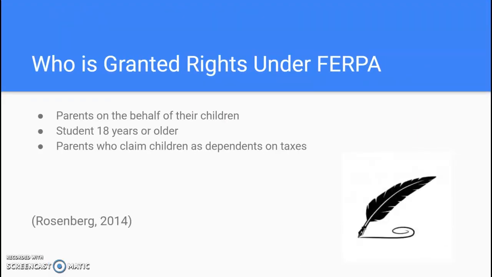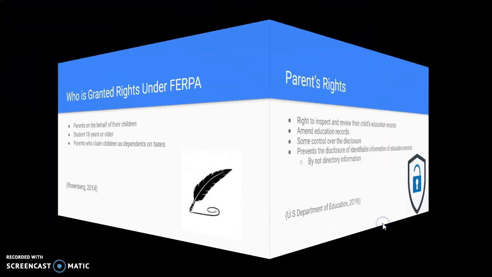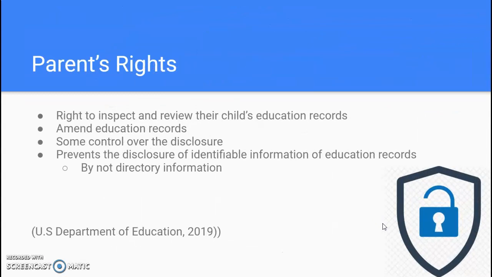So, to reiterate, the rights under FERPA go to the parents on behalf of their child, students who are 18 years or older, or any guardian or parent who claims their children as dependents on taxes. So the parents' rights: they have the right to inspect and review their child's education records at any given time.